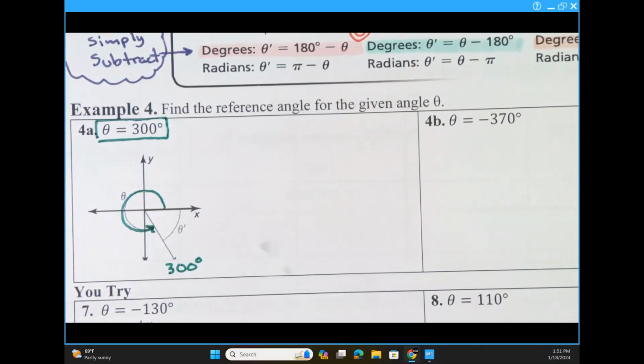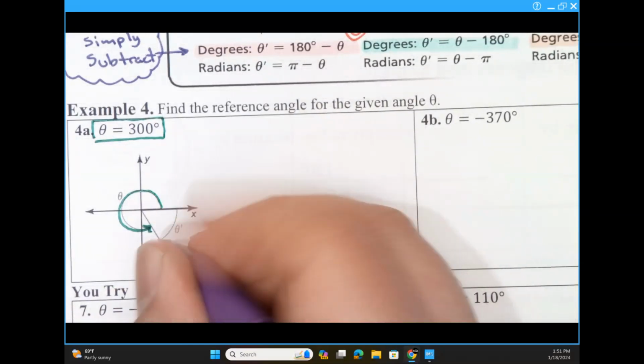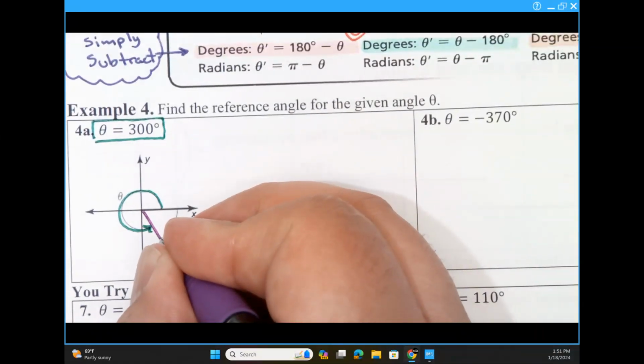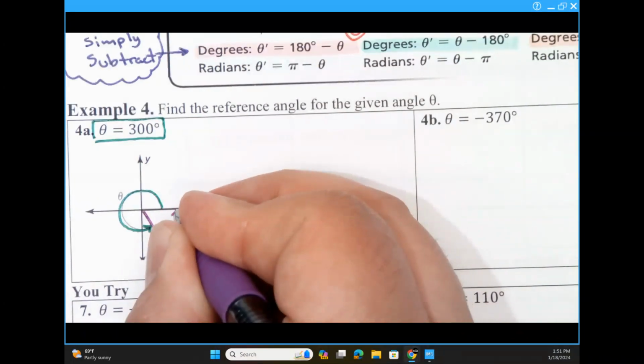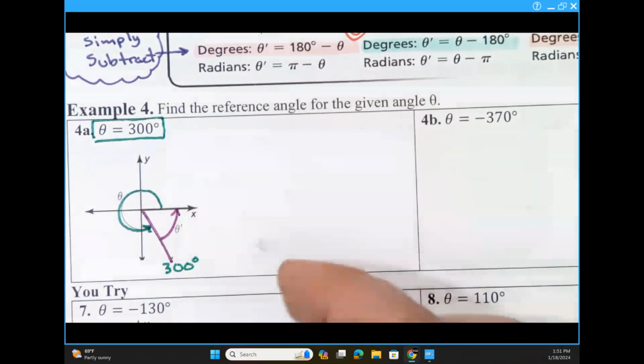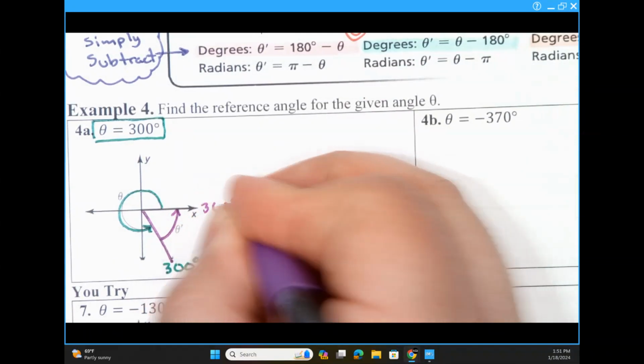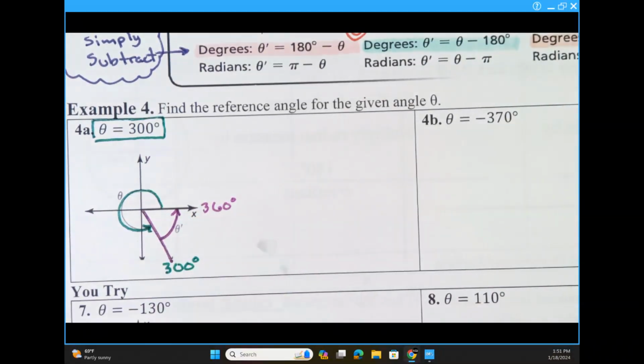But now I need to find a reference angle. Well, they said the reference angle is the shortest distance back to the x-axis. What's already here for me? Remember, I'm right here at this line. So the shortest distance back to the x-axis is to keep going. So if this is 300, well, I'm going back to 360. So remember, for reference angles, you're either working with 180 or 360. That's really all you're working with.